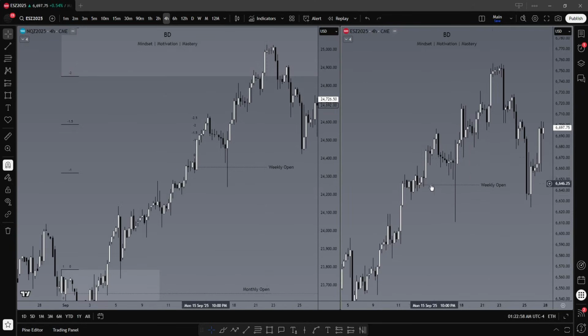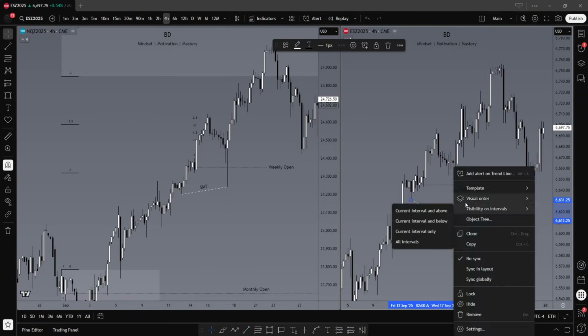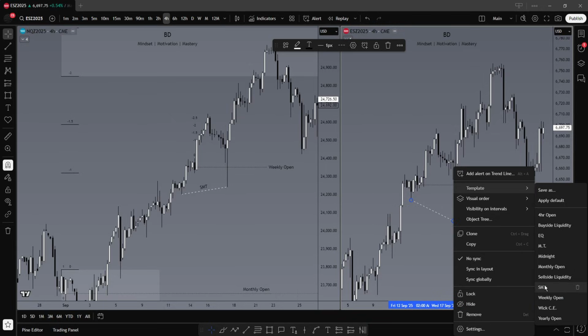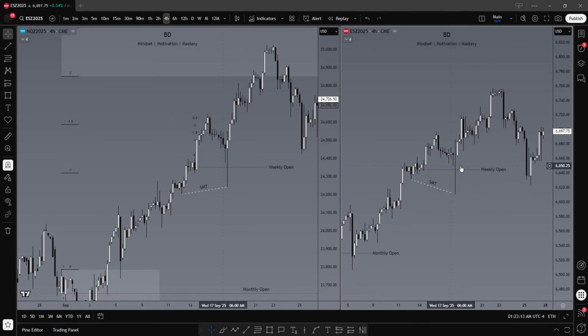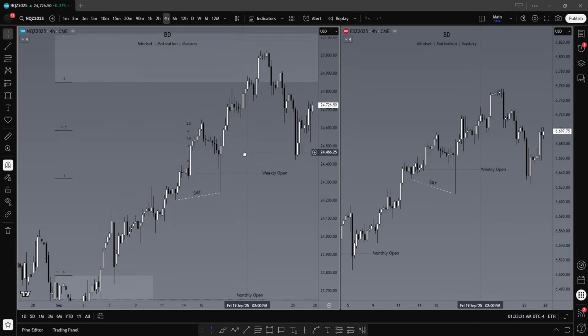They form SMT. So right here, this low, NQ is failing to go below, ES well below. We have our SMT under our weekly open. So right there, which side do you think you could trust more? Once again, thinking in terms of weekly power of three.